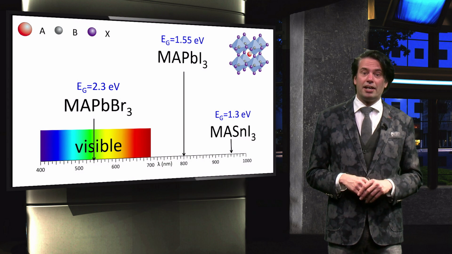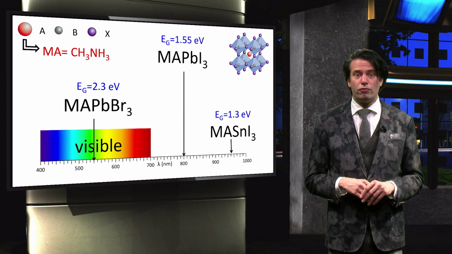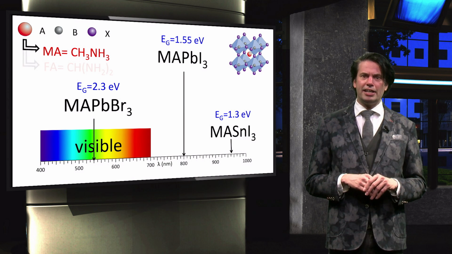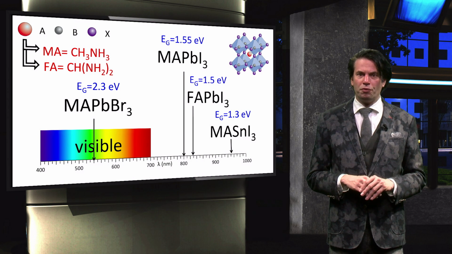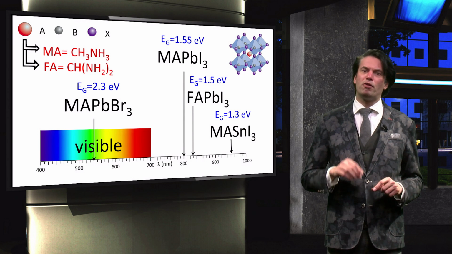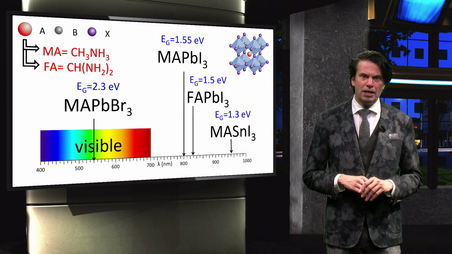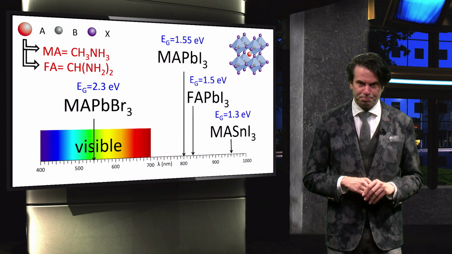The organic cation methylammonium, CH3NH3, can also be replaced by formamidinium, CH(NH2)2. This has a minor effect on the band gap in reference to methylammonium lead iodide. The band gap of formamidinium lead iodide has a small redshift.